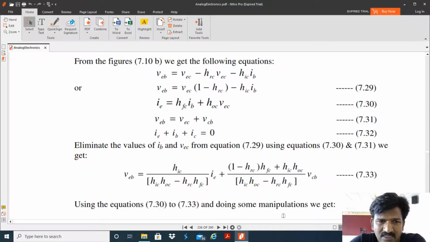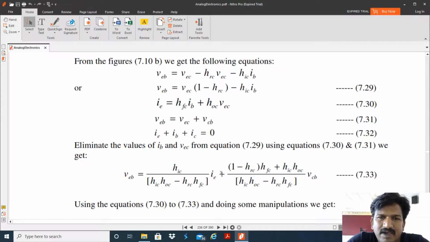VEB is equal to HIC divided by (HIC H0C minus HRC HFC) into IE plus (1 minus HRC HFC plus HIC H0C) divided by (HIC H0C minus HRC HFC) into VCB. This is the VEB equation.